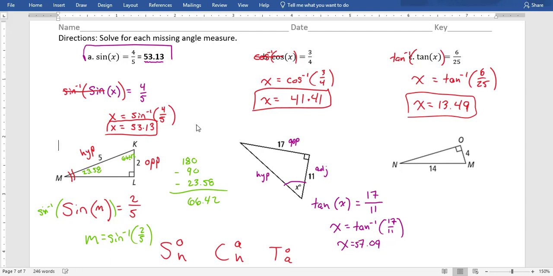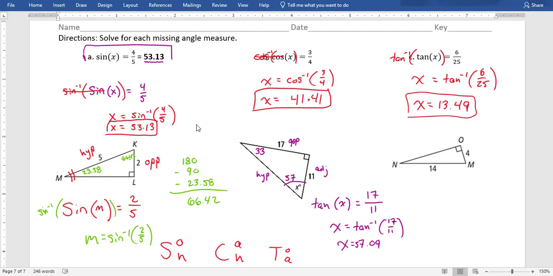Okay, so 57, and I'm just going to round it to 57. It doesn't tell me where to round to, so I'll round it to the nearest whole value. So I've got 90, 57. That means this one must be 33 because those three numbers will add up to 180.